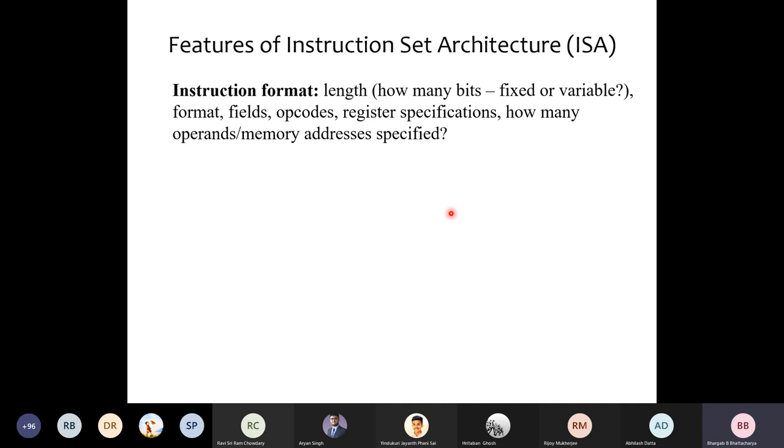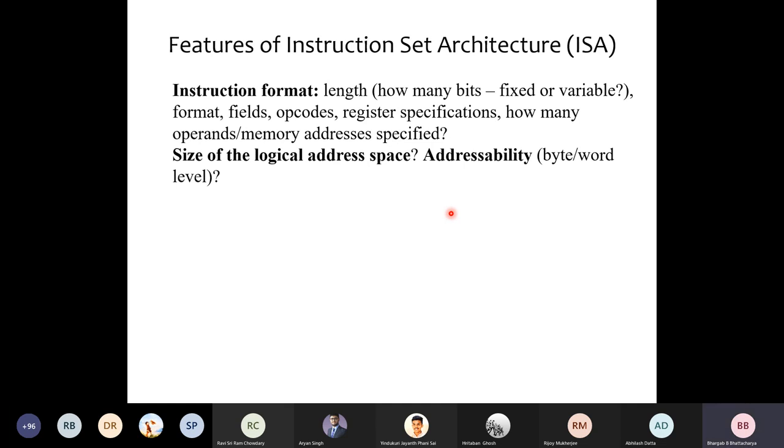Some registers you want to specify in the instruction itself, right? So you need register IDs, or the number of bits you need to identify the registers. How many operands or memory addresses you want to specify in an instruction. So depending on these issues, the length of the instruction would be determined, right? That would determine the length of the instructions. So when you are designing the instruction set architecture, you have to consider this kind of factors.